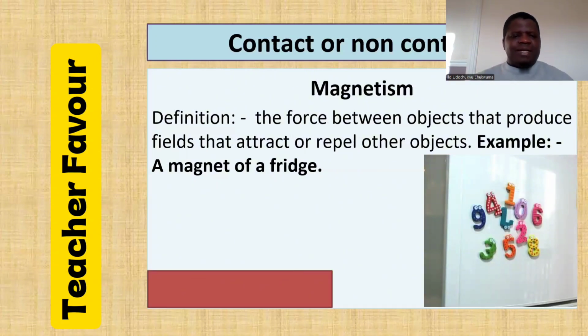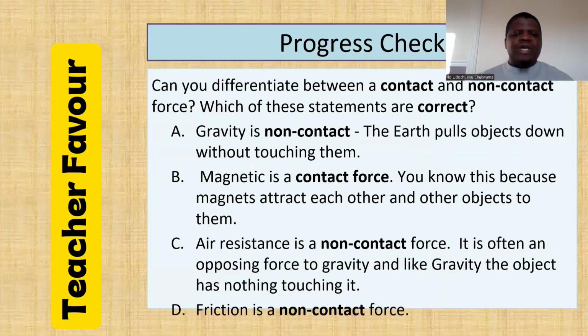Magnetism. Magnetism is the force between objects that produce fields that attract or repel other objects. An example is a magnet on a fridge. Is magnetism a contact or a non-contact force? It is a non-contact force. So we have given examples of a contact force and a non-contact force.